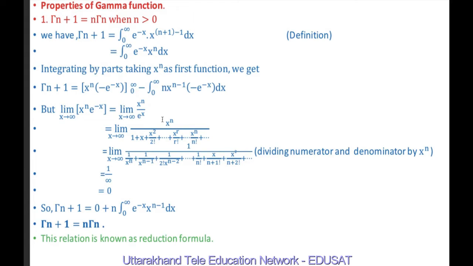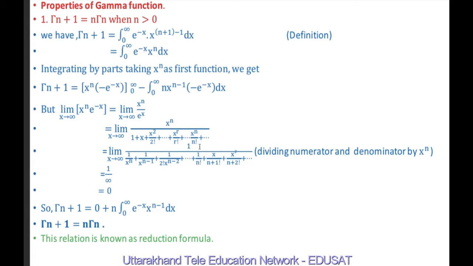If we divide the numerator by x raised to power n and the denominator also by x raised to power n, we get in the numerator x n upon x n, so it is 1 here. In the denominator, divide each term by x raised to power n. So 1 upon x raised to power n, x upon x raised to power n, it is 1 upon x raised to power n minus 1, x square upon factorial 2 x raised to power n, so 1 upon factorial 2 x raised to power n minus 2, plus and so on.